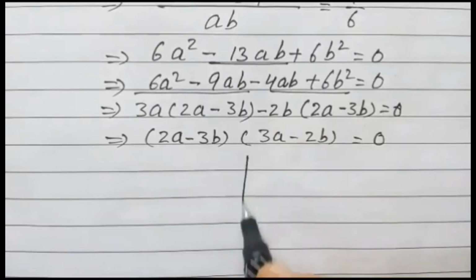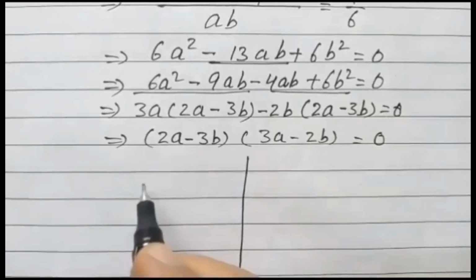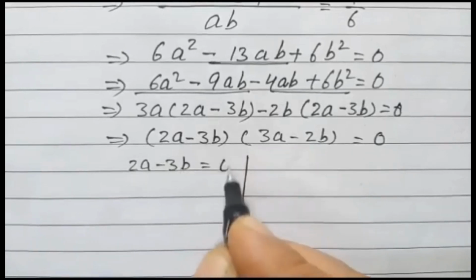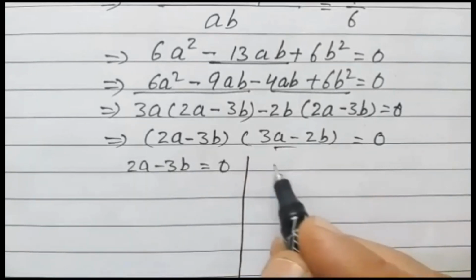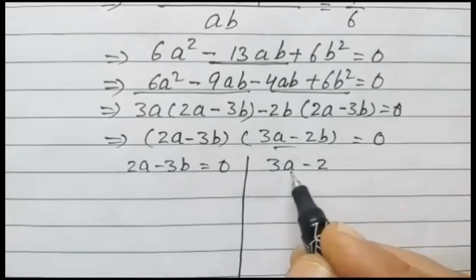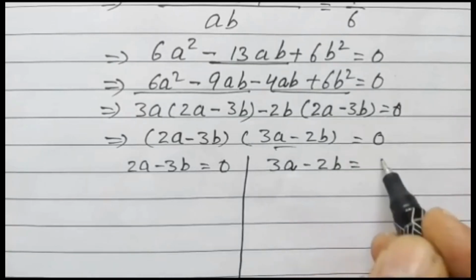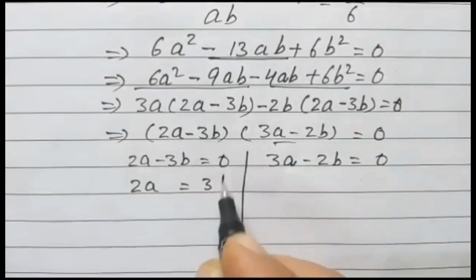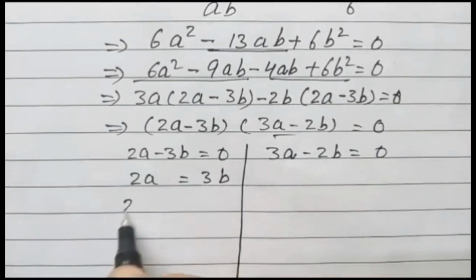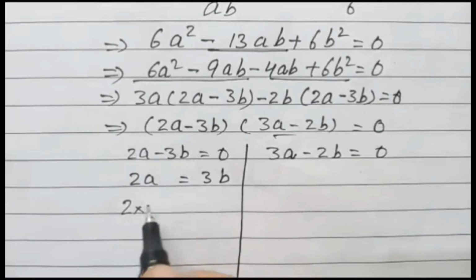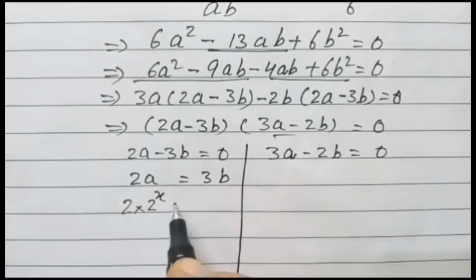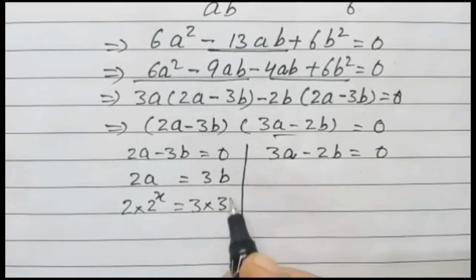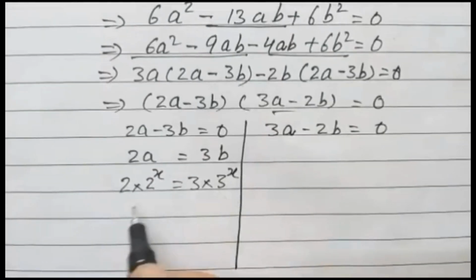Now we have two cases. 2a minus 3b is equal to 0 and 3a minus 2b is equal to 0, right? So 2a is equal to 3b. 2 into a, as we have assumed, 2^x is equal to 3 into b, we have assumed as 3^x.